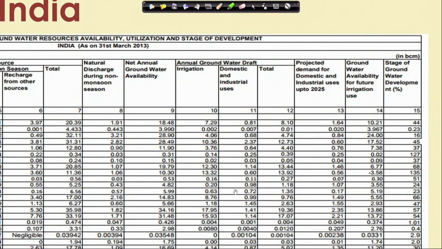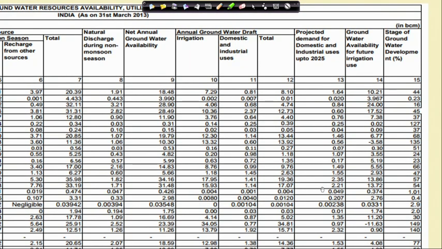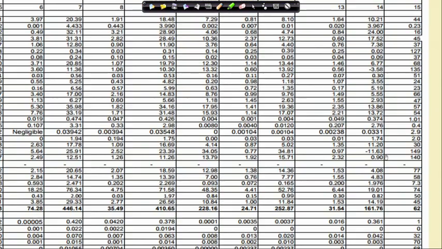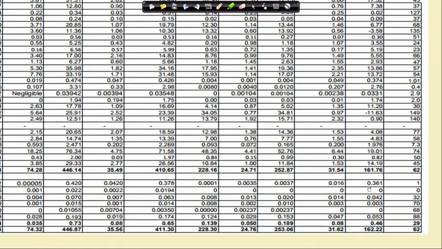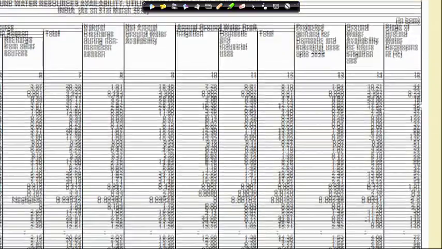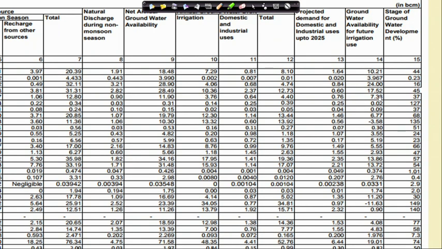Then the projected demand for domestic and industrial uses up to 2025, availability for future irrigation use, and the stage of groundwater development in the particular state. This last column gives very interesting information on the state of groundwater development.